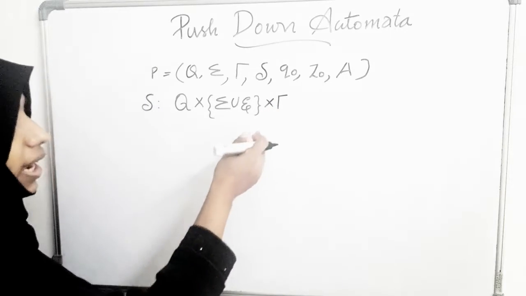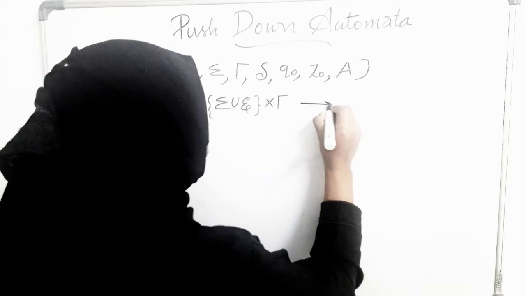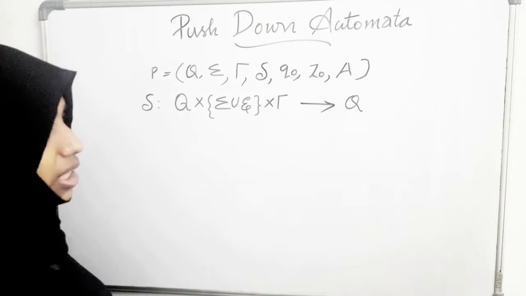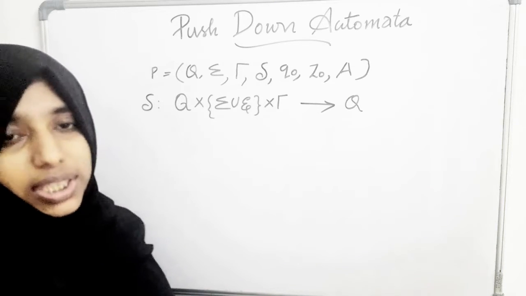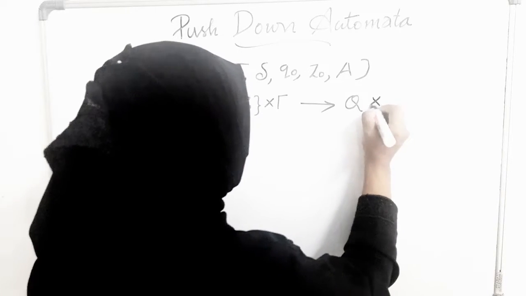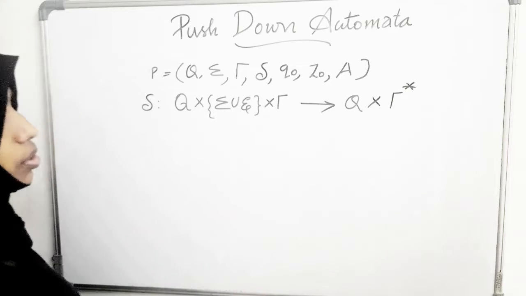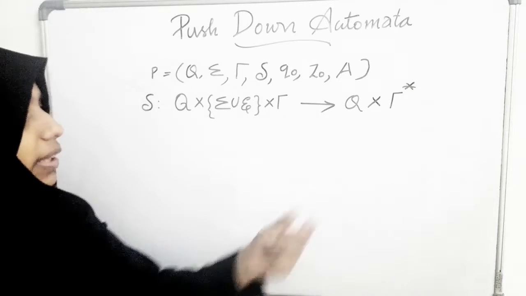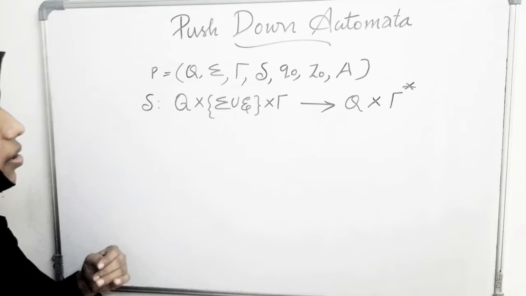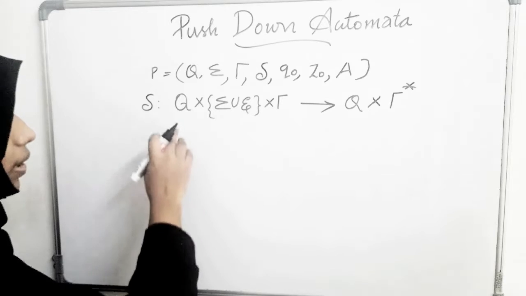It takes a stack top symbol from tau, and in the output it can have one or more states, because it can be non-deterministic. So a state from Q and symbols from tau. This is the representation for the transition function delta of a pushdown automaton.